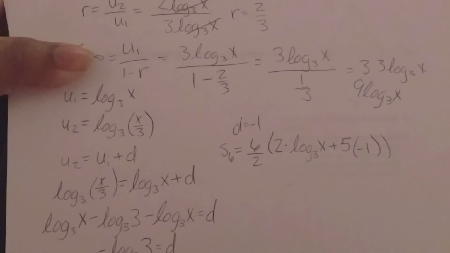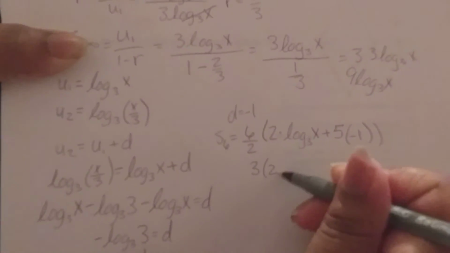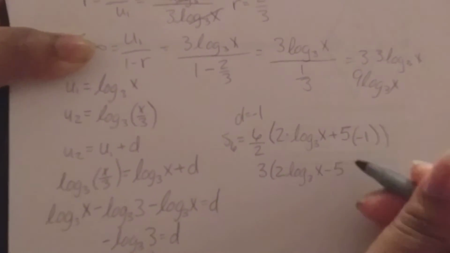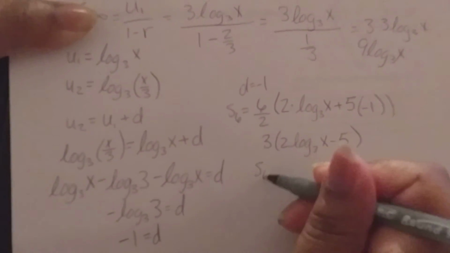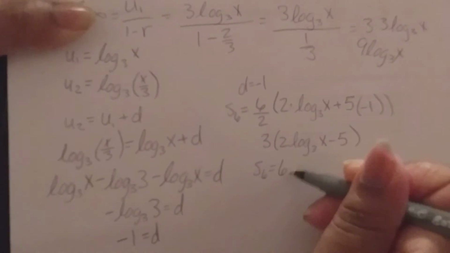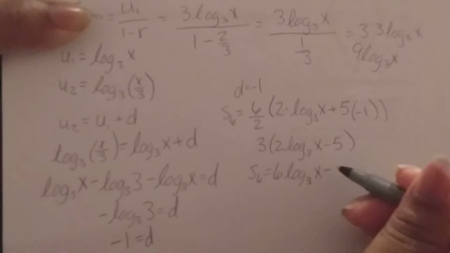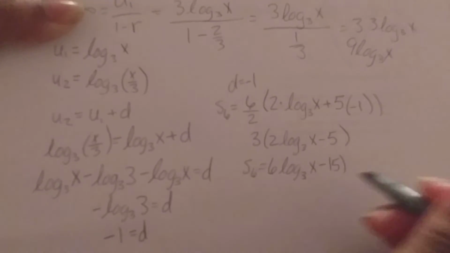So this is 3 times 2 log base 3 of x minus 5. We need to distribute the 3. So S sub 6 is equal to 6 log base 3 of x minus 15. And that's the answer we're looking for.